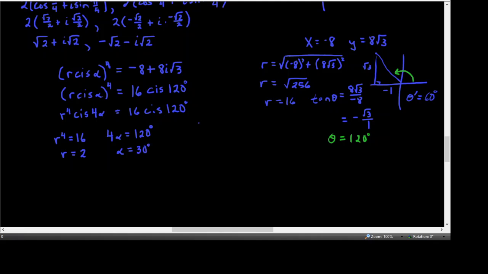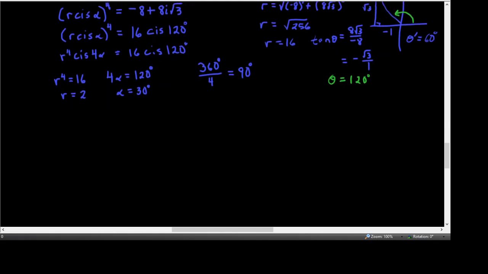Then the full circle is 360 degrees. We're finding 4 answers, so we're dividing 360 degrees by 4. So they'll occur at intervals of every 90 degrees. So our answers are, the first one is 2 cis 30 degrees.